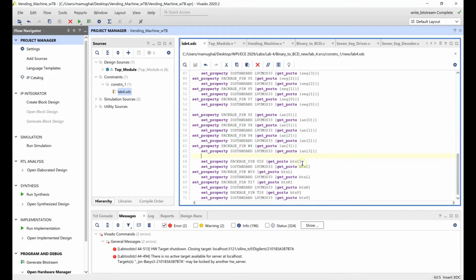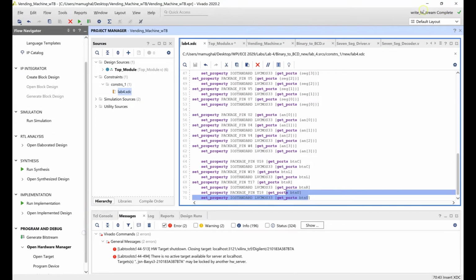Button C is for the buy, button L is for the dollar, button R is for the quarter, and button up is for the reset. And like you see already, I've already done the implementation and generated a bitstream file. I was able to upload the bitstream file onto the FPGA board, and now I'm going to show you how the implementation of this design looks on the board.